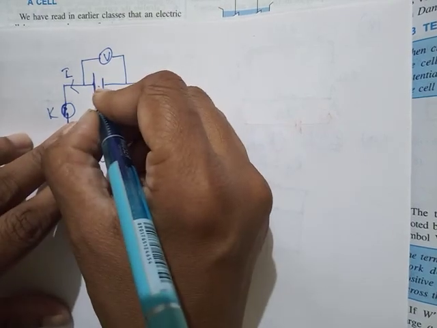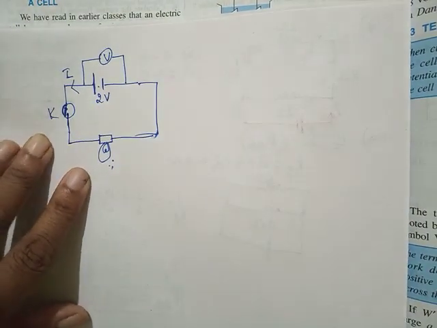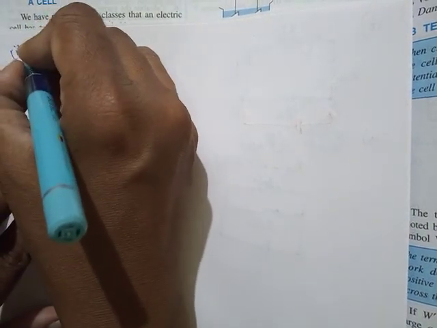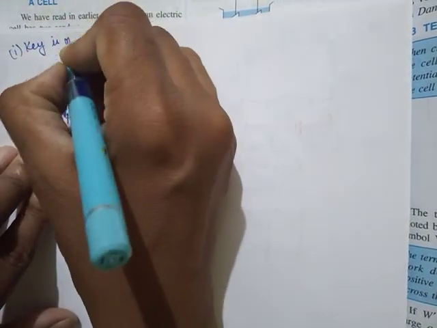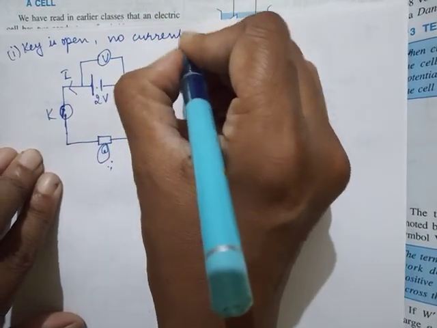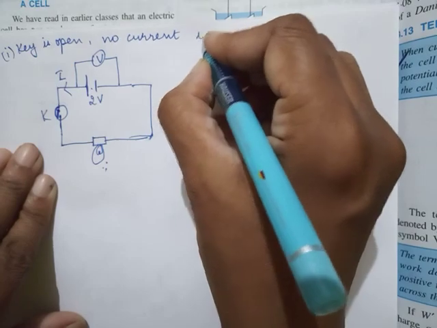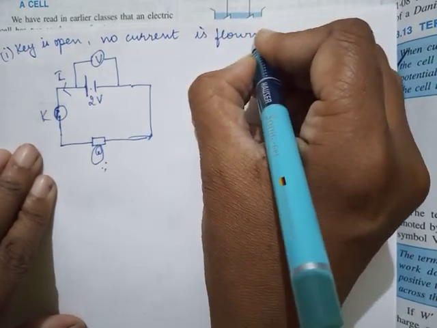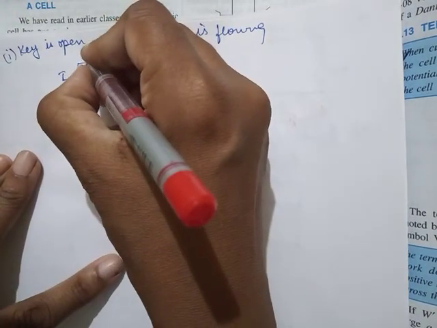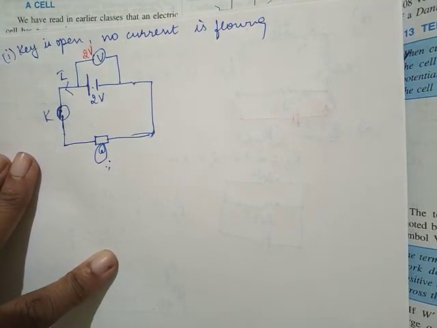Assume that it's a 2-volt battery. When the key is open, that is, no current is flowing, the voltmeter will also be showing 2 volt. The reading will be 2 volt.